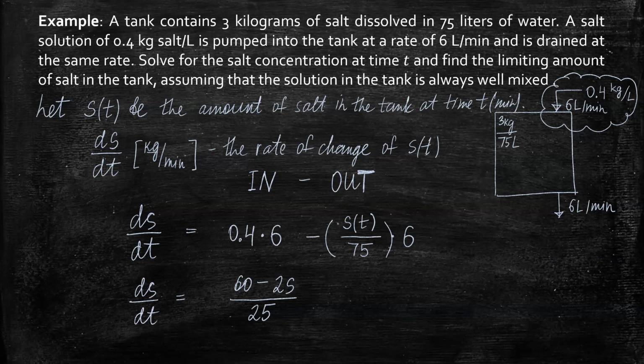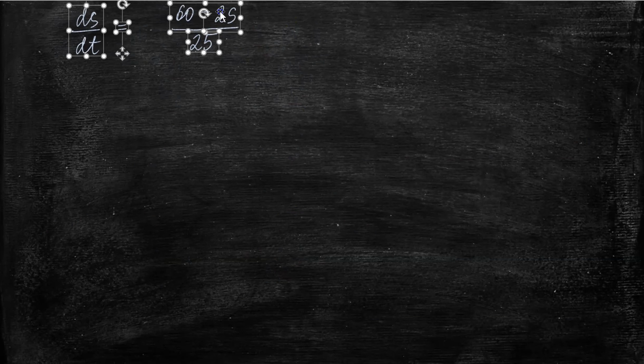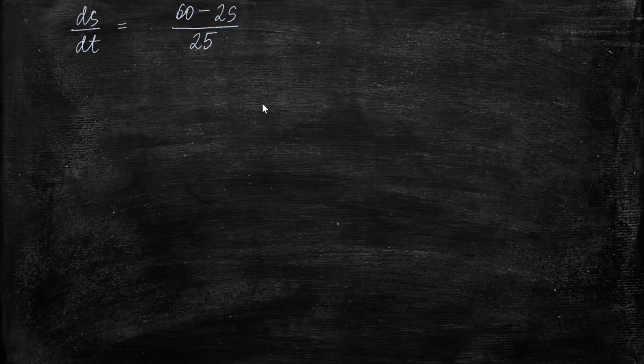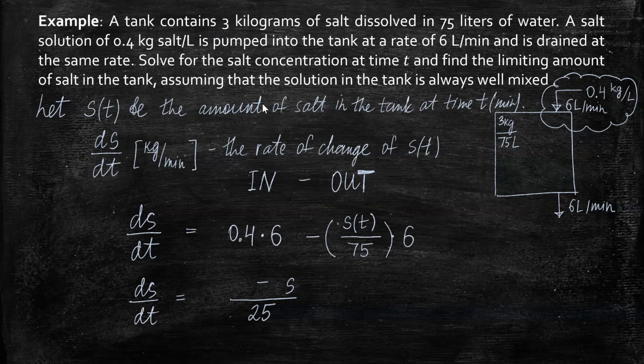And to solve it, we're going to separate the variables. So we're going with the s on the left. So 1 over, and I think it will benefit a lot by actually factoring out the 2 here. So we're going to have 30 minus s left times 2.